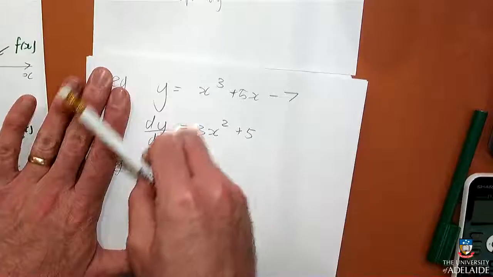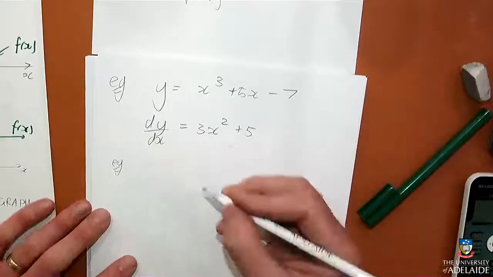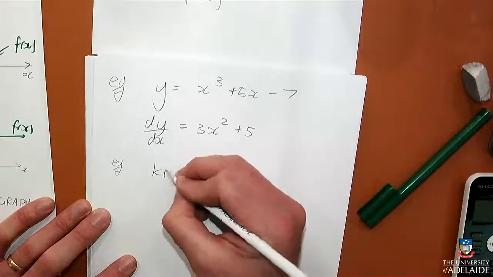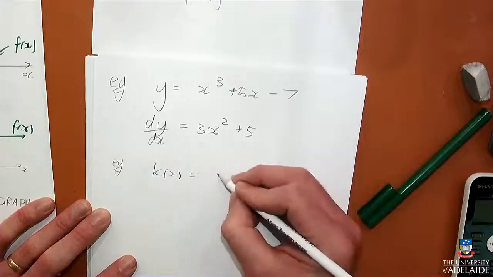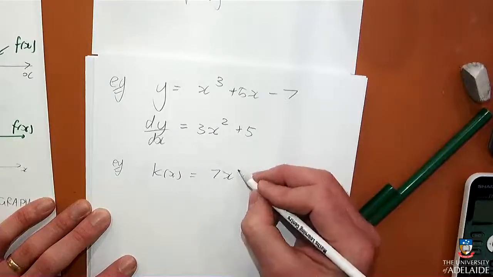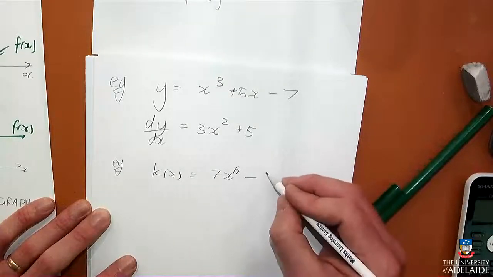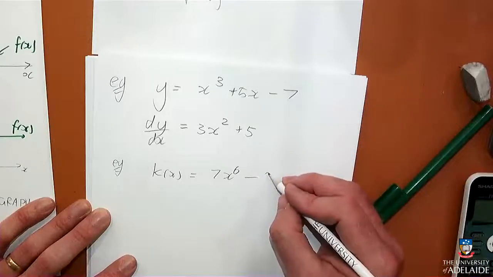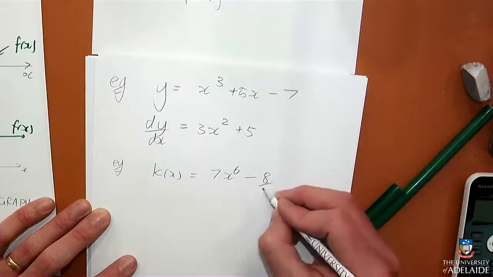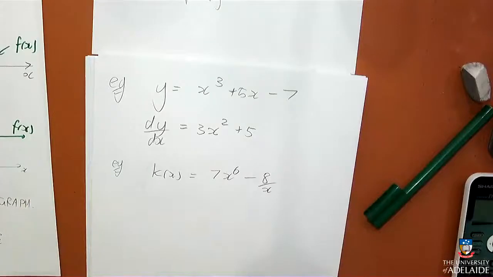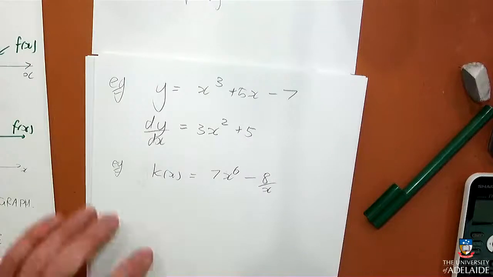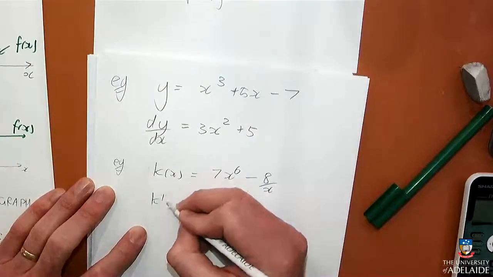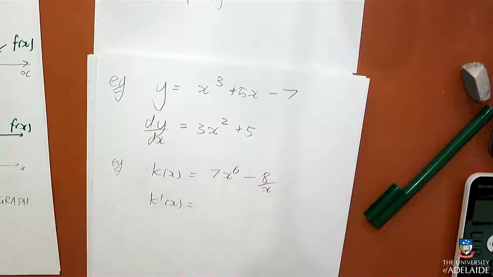Let me do it as a function. Let's mix it up. Let me call it k of x, equal to 7x to the power of 6 minus 8 over x. It's a wickedly weird function, but I can do it. So when I do the derivative, let me point out something that you may not have noticed at this stage.